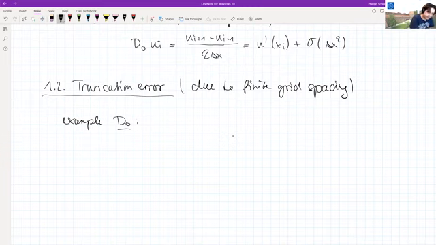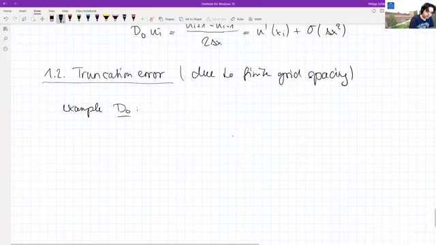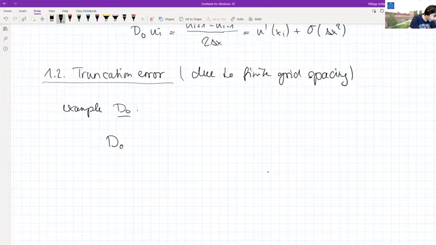So what we want to do is calculate the truncation error, and the truncation error is defined as the difference between the exact solution and the discrete solution. Or actually, we can write it like this, as the discrete solution minus the exact solution. So if I do that for D0, it would be D0 applied to ui minus the exact derivative evaluated at the point xi.